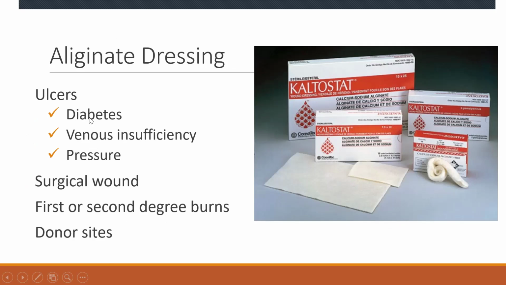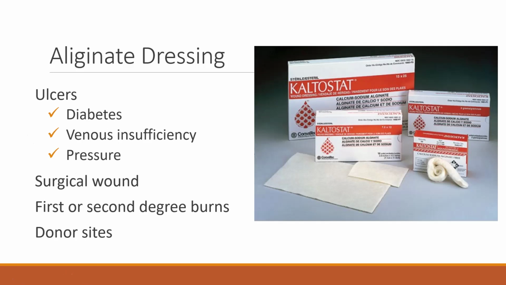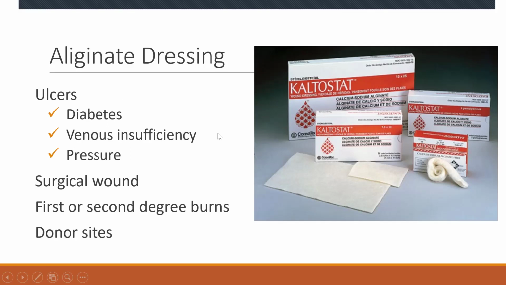For example, the ulcer caused by diabetes, or sometimes because of venous insufficiency, 就是你的末梢血管的供血不足造成的这个 ulcer, or a pressure ulcer, when people lie down for a long time, sometimes they can get some ulcer. So for this type of ulcer, you probably need to use the alginate dressing. Yeah, because normally there's a cavity.